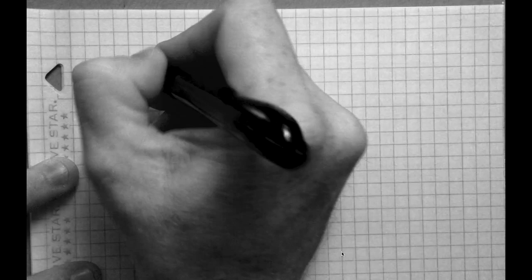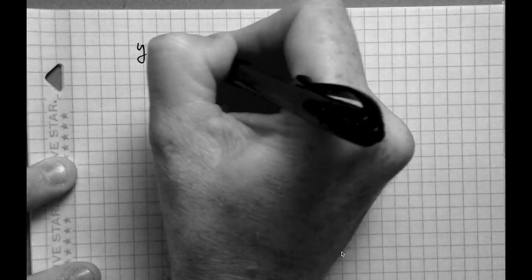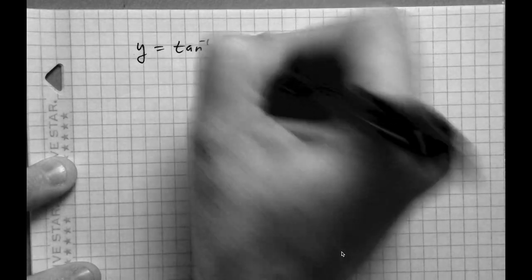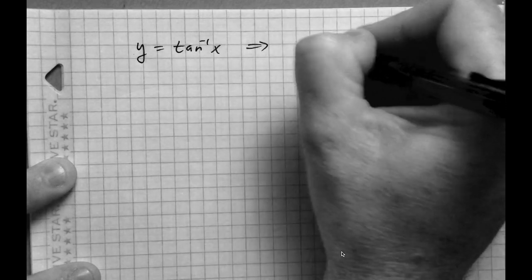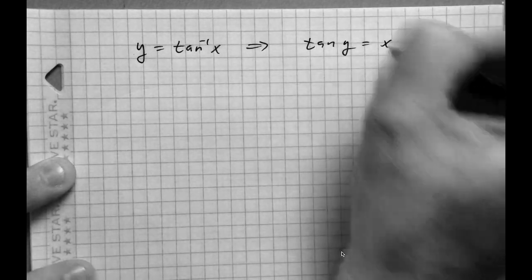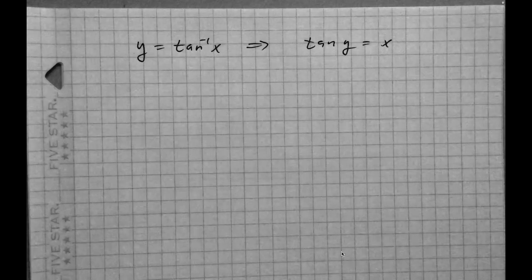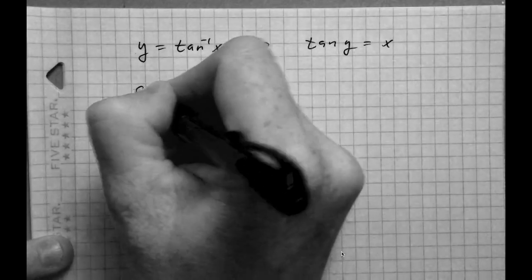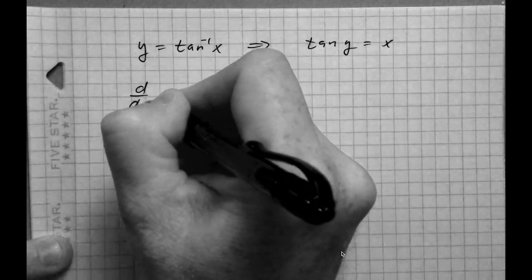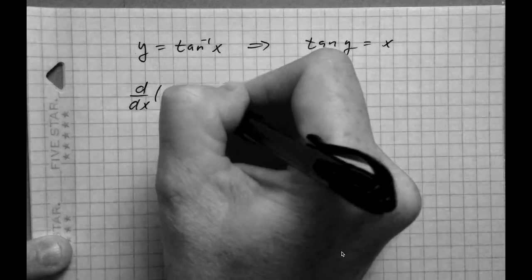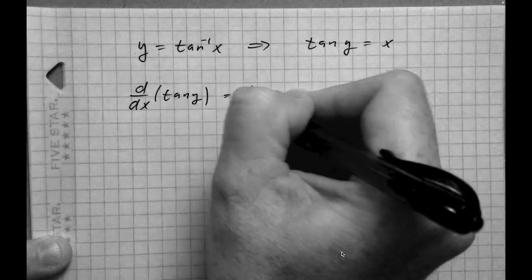Okay, let's do another one. Let's look at the tangent, for example. It's going to work very similarly. For tangent, if you start with y equals the inverse tangent of x, then tangent of y is equal to x. Okay, and we can differentiate both sides. d dx of tan y equals d dx of x.